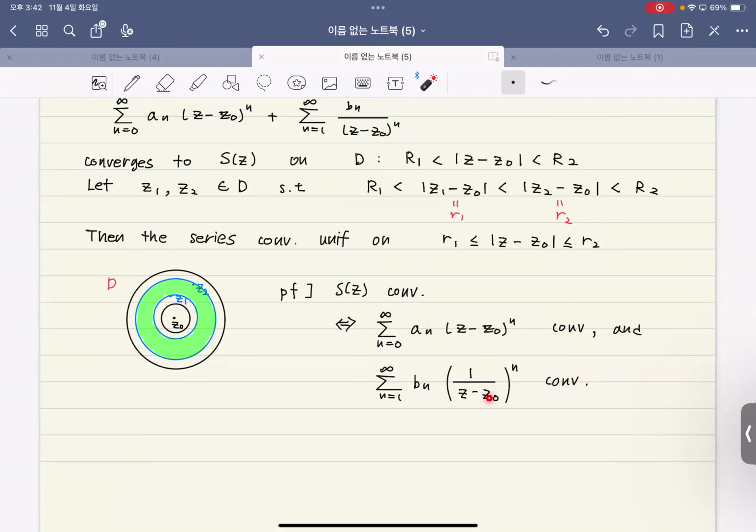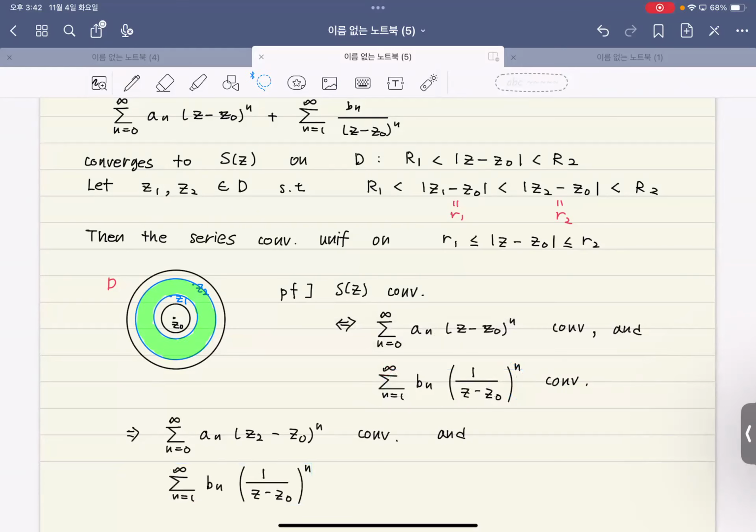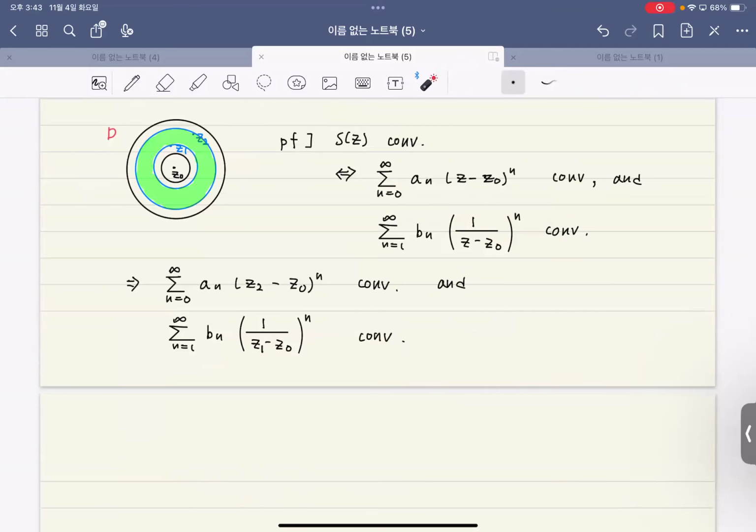The same is true for the second infinite series: if I replace this Z by Z2, then this one also should be convergent. So if I say Z1, good.